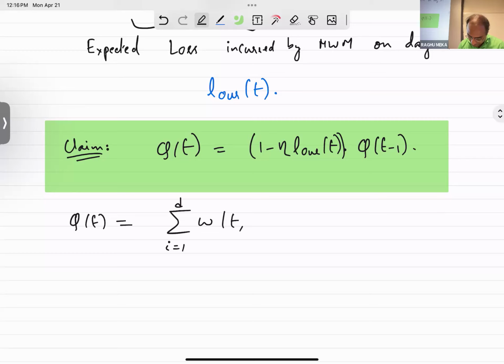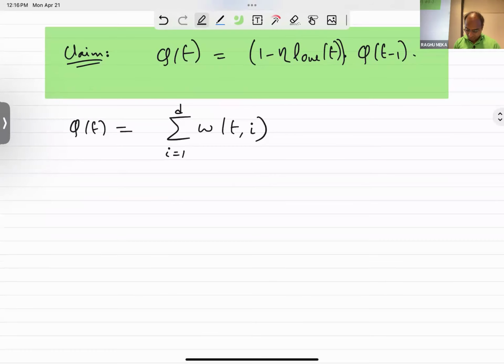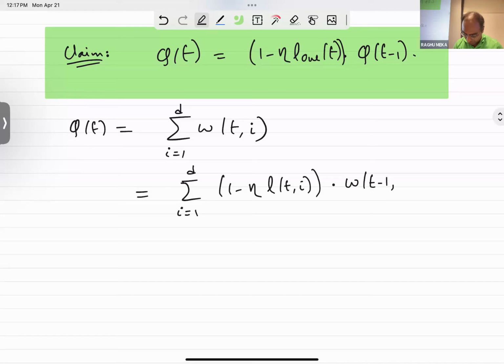The potential on day t is the sum of all of the weights on day t. And what do we know about these weights? They evolve based on the losses. If these were the weights the previous day, the next day the weights get hit with a multiplicative factor depending on the loss. So let's just substitute that.